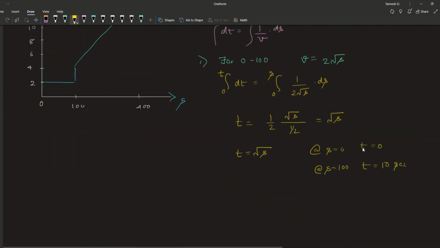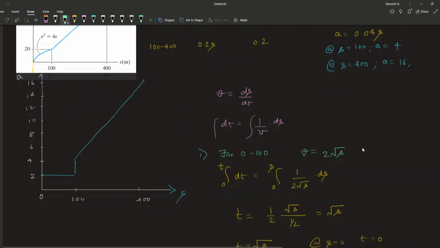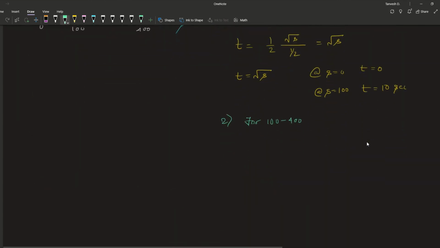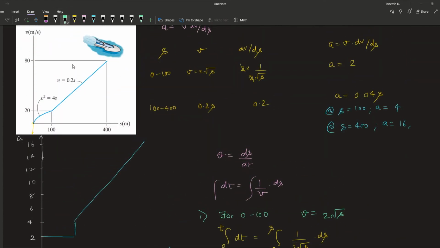For the next, 100 to 400, it will start from s equals 100 and let it go till some arbitrary or variable value of s, and the time will start from 10 seconds, because now we are taking this zone, and here we know that the time is 10 seconds.